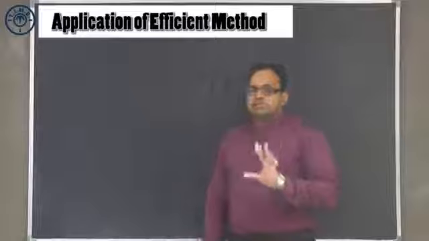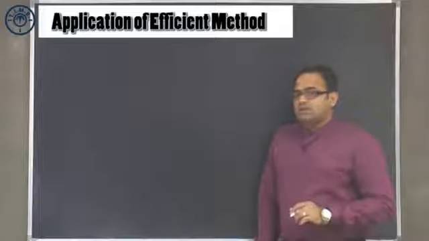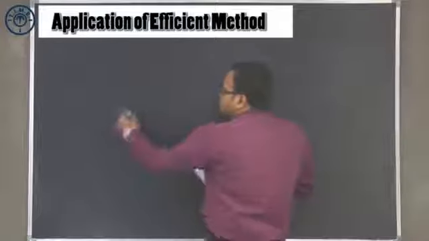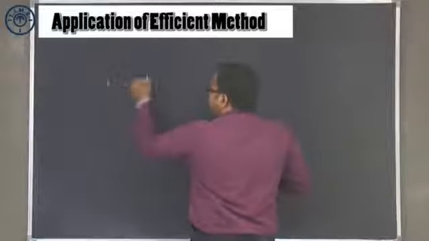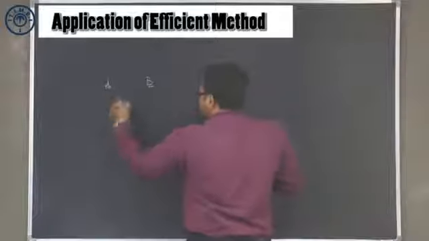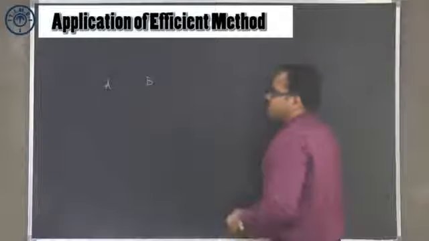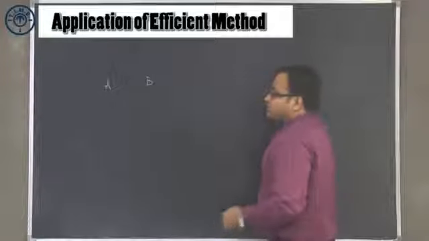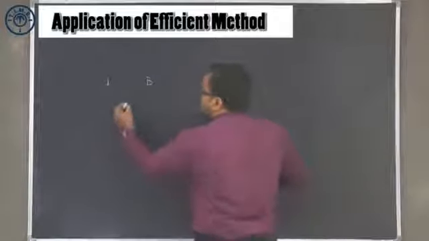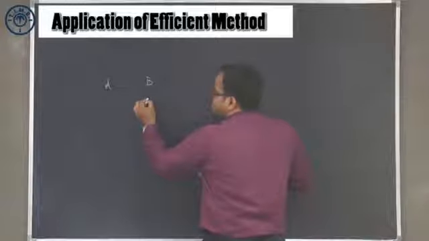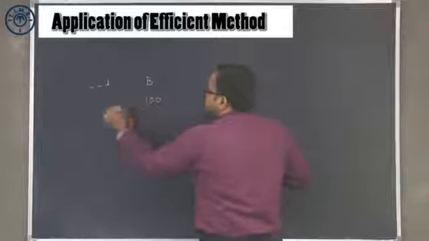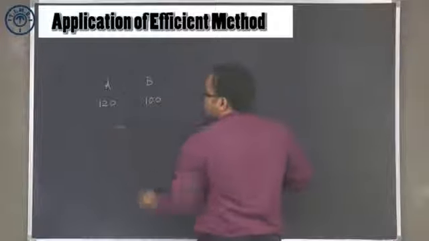Let's understand this efficiency very clearly. There is person A, there is a person B. A is 20% more efficient than B. If B's efficiency is 100, A's efficiency will be 120.